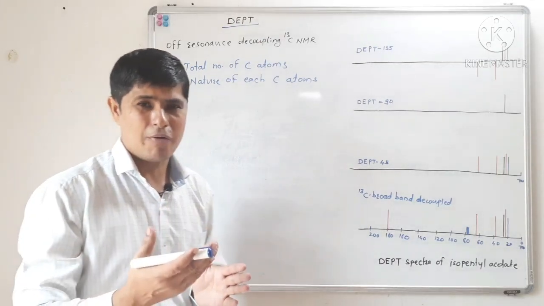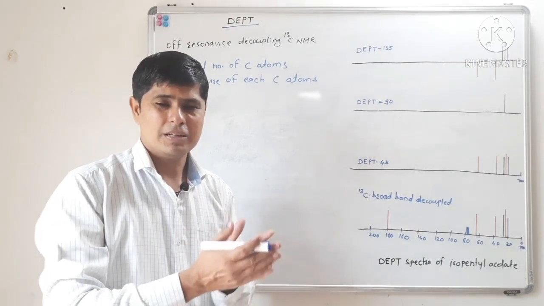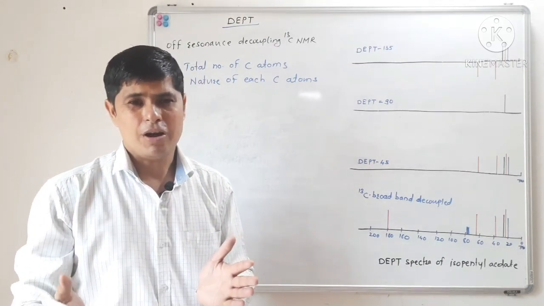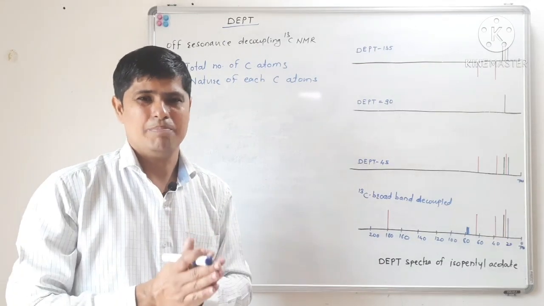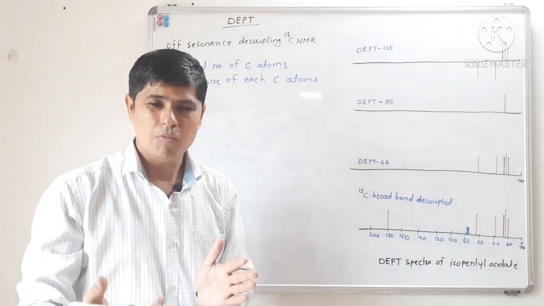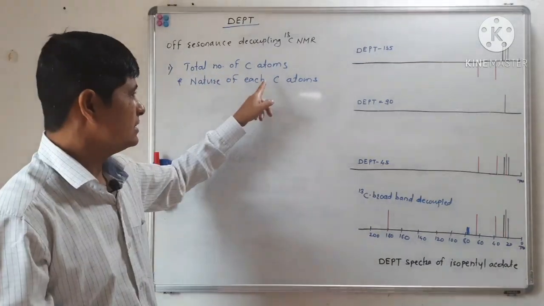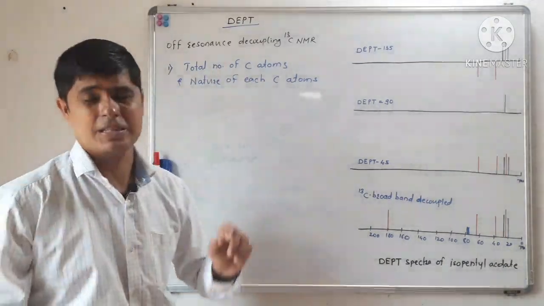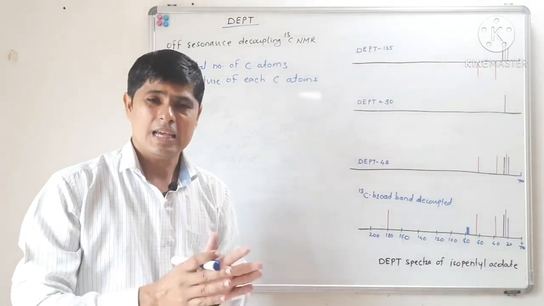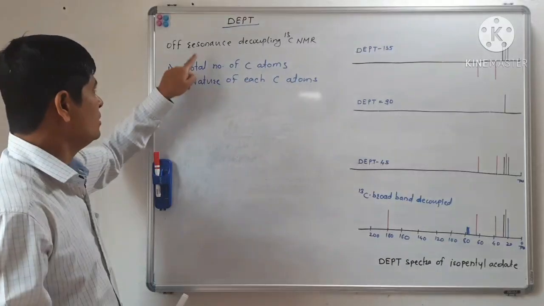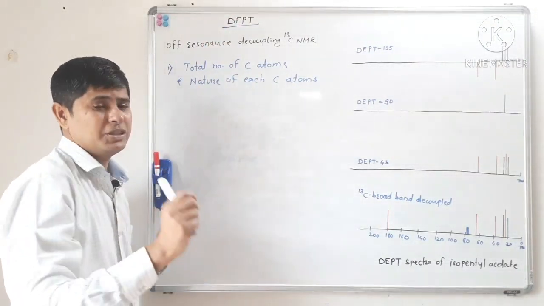Suppose we record an off resonance decoupling carbon 13 NMR spectrum, and we also record a DEPT carbon 13 NMR spectrum of the same sample. The same information that we get from off resonance decoupling, we will get from DEPT also, that is the total number of carbon atoms and the nature of each carbon atom.